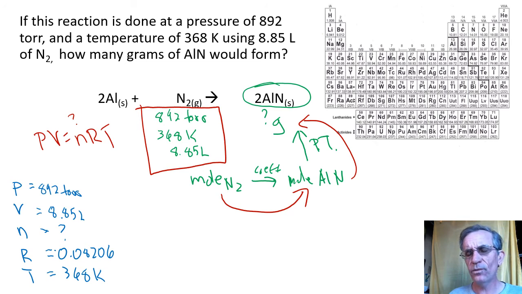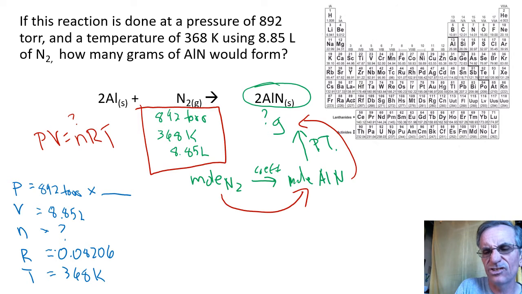All right, now, before we start, got to double check your units. Let me ask you a little question here. Do any of those numbers need to be converted? Are any of them in the wrong unit for PV equals nRT? Yeah, it's pressure. Pressure is in the wrong unit. Pressure needs to be in atmospheres. So let me go ahead and convert it. I'd use my conversion sheet, and let's see here.